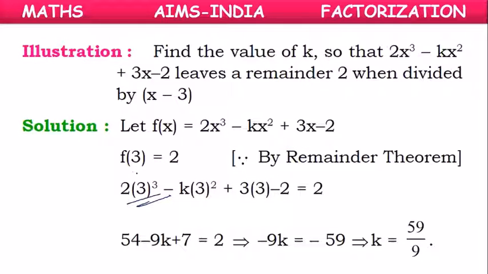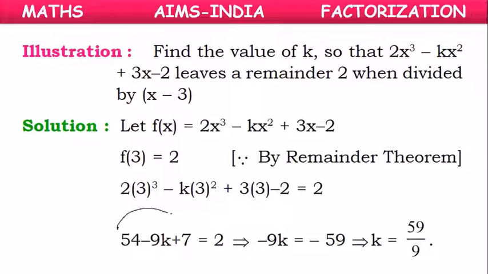So 3 cube means 27, 27 2 times 54, 3 square means 9, 9 into k, 9k, 3 into 3, 9, 9 minus 2, directly we can write 7. On the right hand side we have 2.